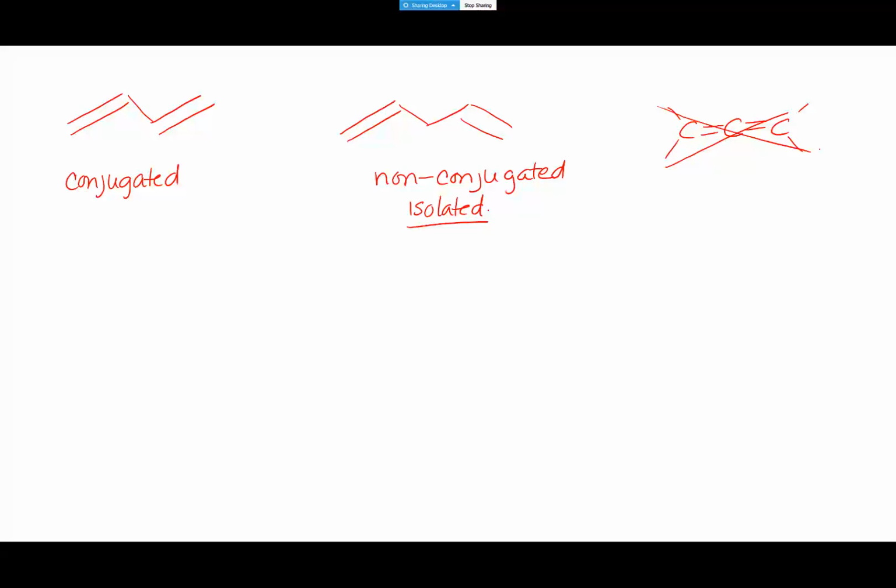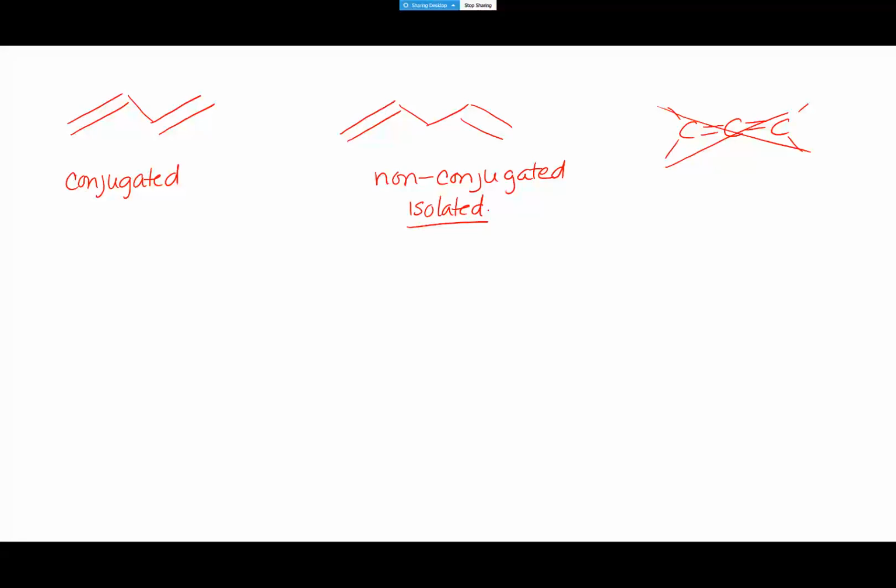That one leads to some non-R/S chirality. So we're just going to skip it. But you can actually make chiral molecules from these double bonded species, but they have no chiral center in them. So we're just going to skip that.